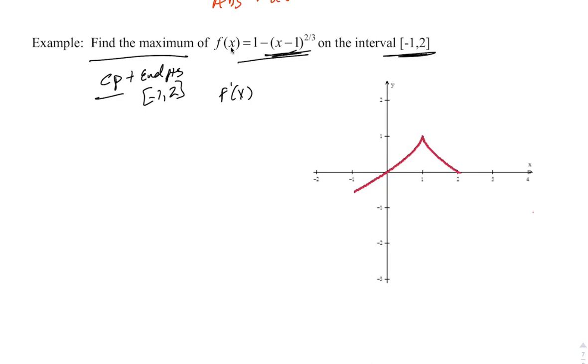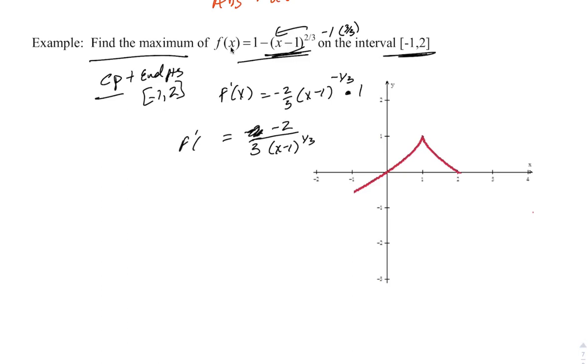The derivative of this one is a chain rule, bring that down, subtract 1 off. I get negative 2/3 times (x minus 1) to the negative 1/3, times the derivative of the inside, 1. Let's make it a little prettier so we actually do some math. So I get negative 2/3. I'll move that down. I'm always bad at that.